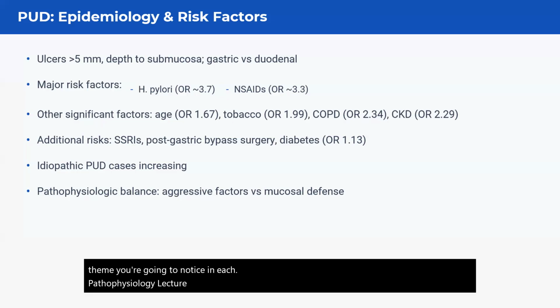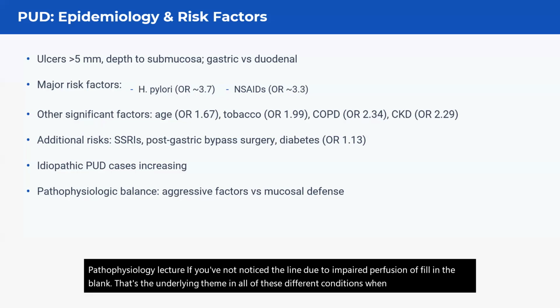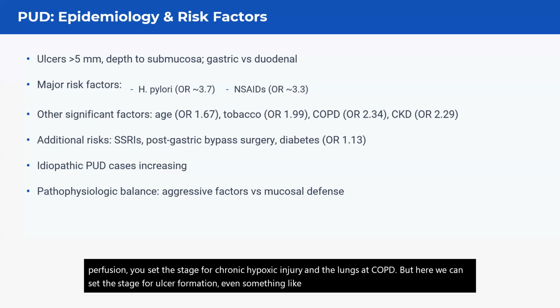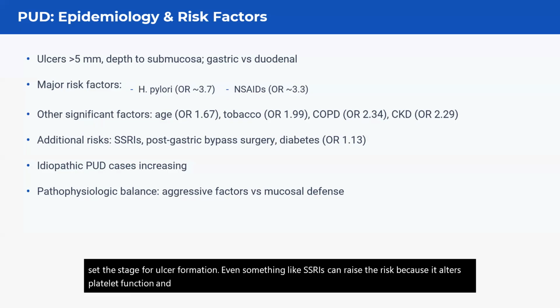If you've not noticed the line due to impaired perfusion of fill in the blank, that's the underlying theme in all of these different conditions. When you impair perfusion, you set the stage for chronic hypoxic injury. In the lungs, it's COPD, but here we can set the stage for ulcer formation. Even something like SSRIs can raise the risk because it alters platelet function and local serotonin signaling in the gut.